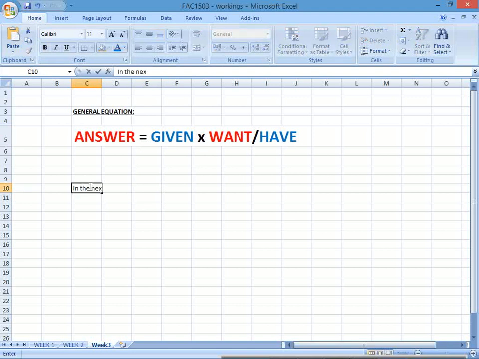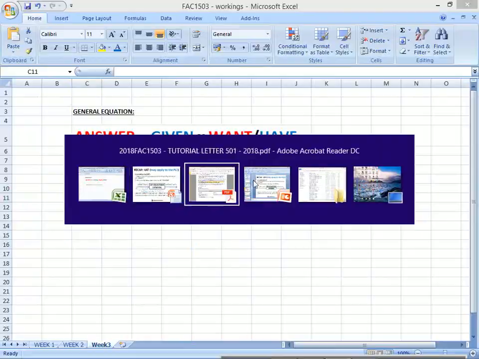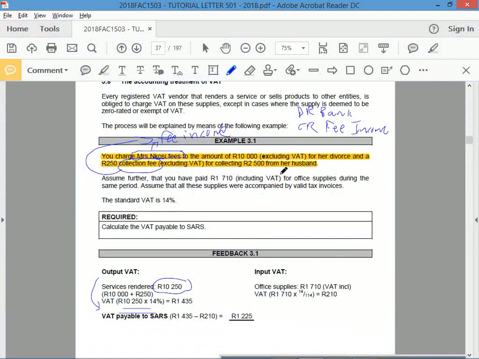Okay, so in the next transaction, the total VAT inclusive amount is, here it is, including VAT, 1710. Assume further that you have paid this for office supplies.